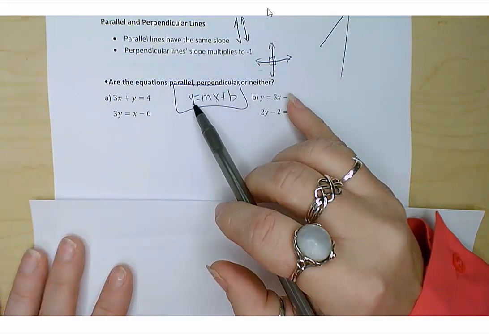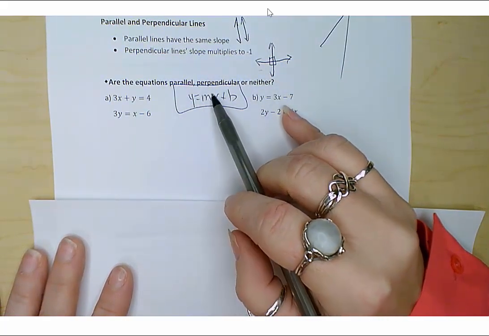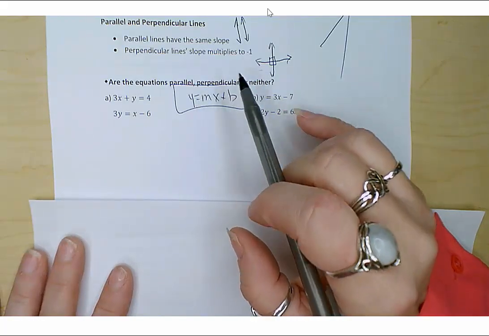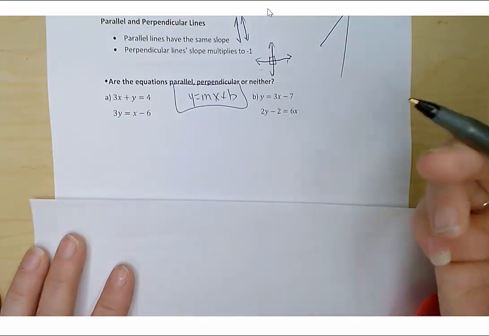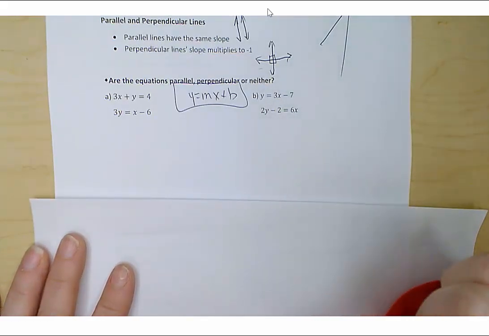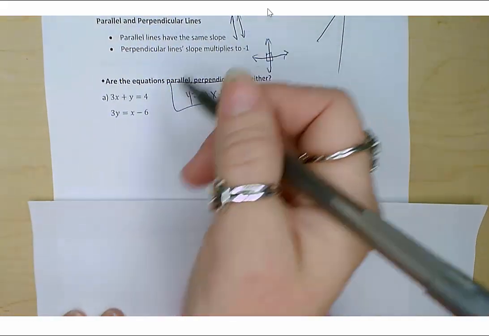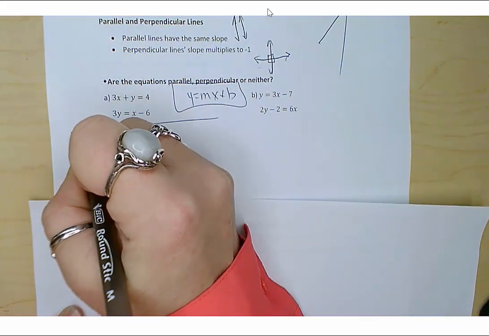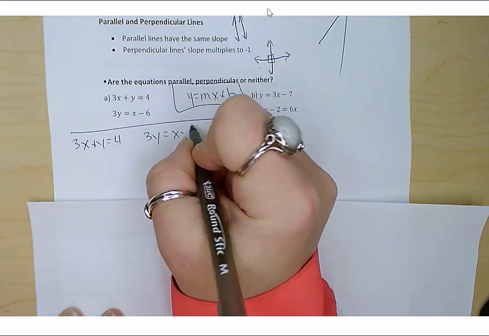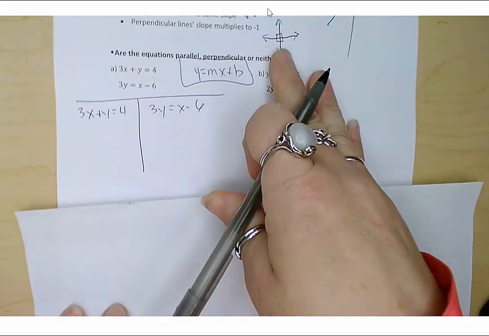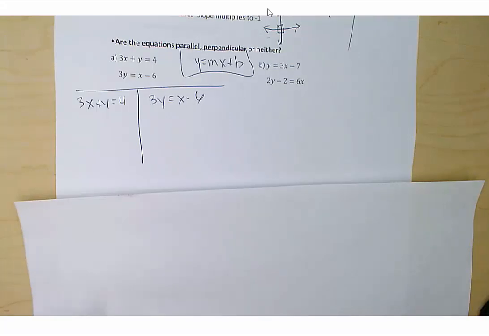And as long as our equation is solved for y, m, our coefficient of x, is the slope of our line. So in a nutshell, solve your equations for y so that we can pick out the slope and compare to the definitions. I'm going to rewrite these two equations and drop them down so that we can solve each one of these equations for y and figure out their slope.